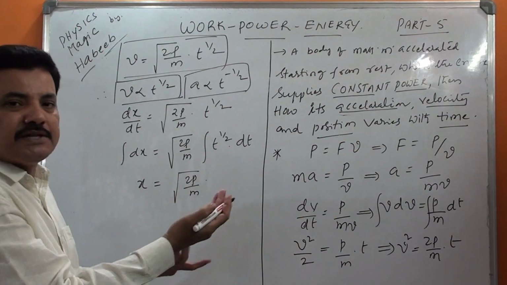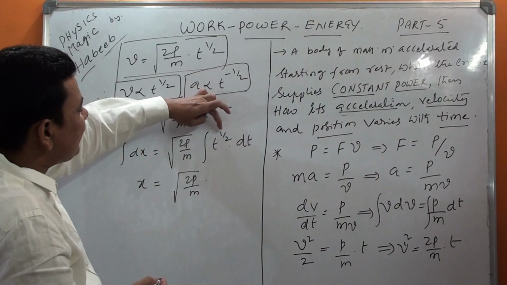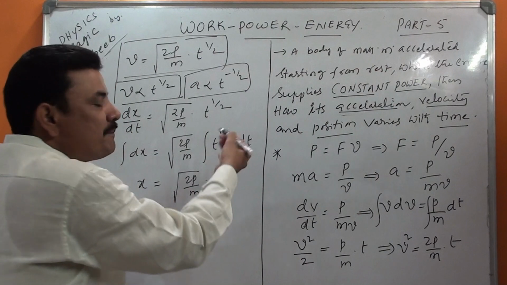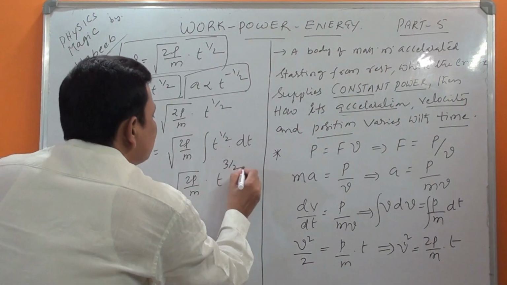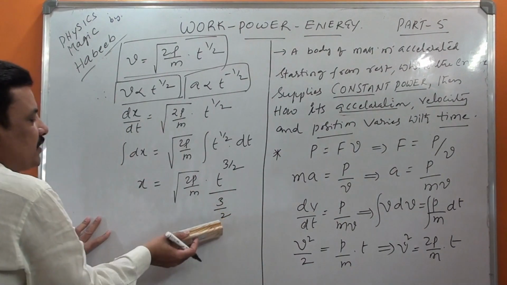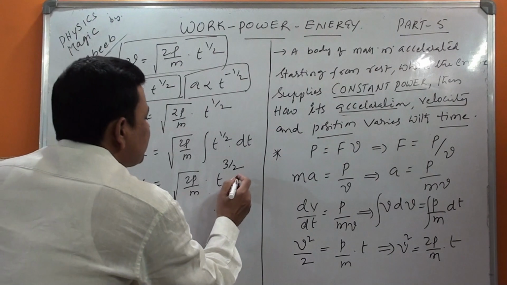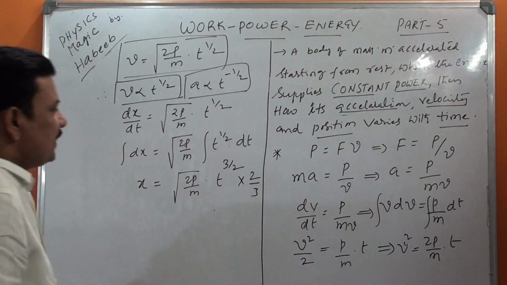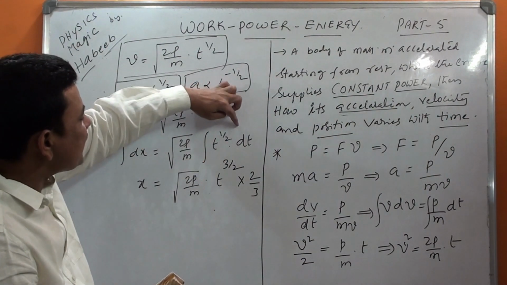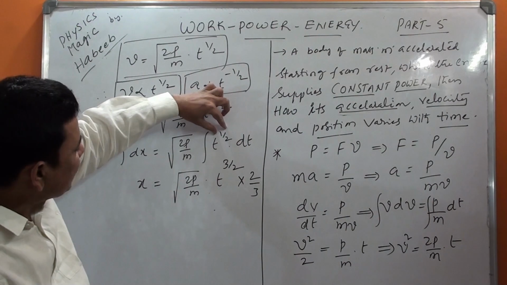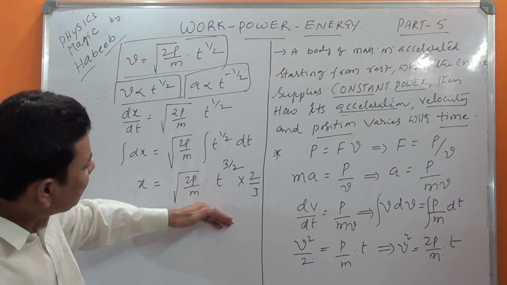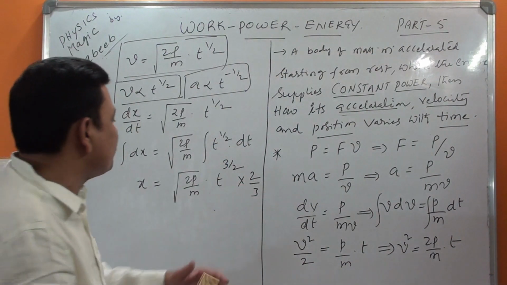And for T power half, you know well, for integration we add 1 to the power and divide by the whole new power. So T power half plus 1 is nothing but 3 by 2, divided by 3 by 2. If you rearrange, that gives 2 by 3. So I hope you understood. Integral of x power n is x power n plus 1 divided by n plus 1.